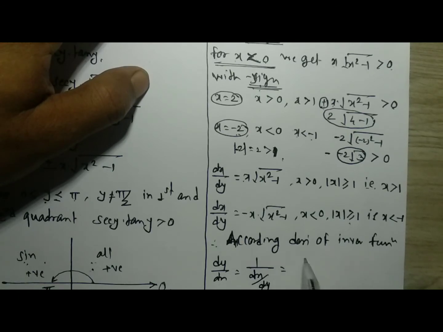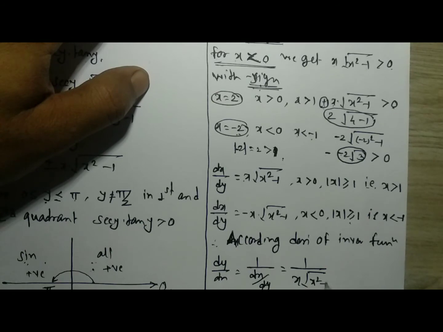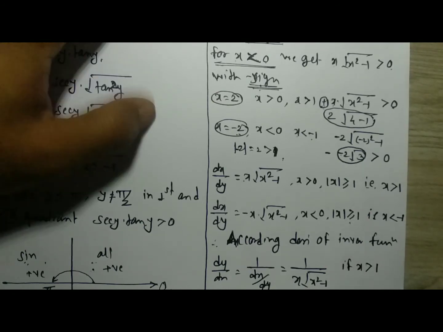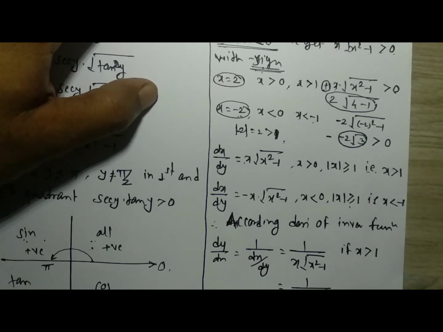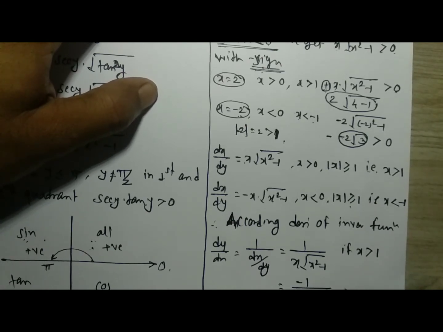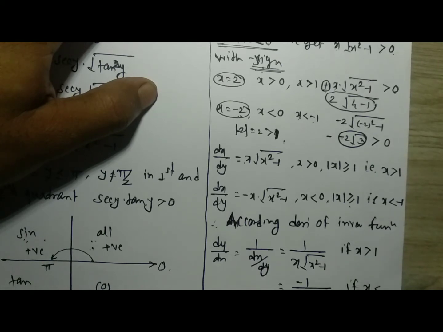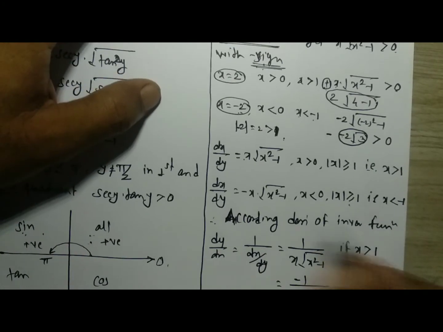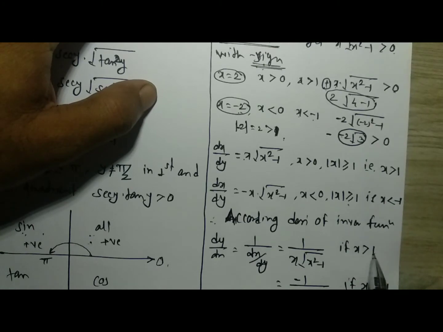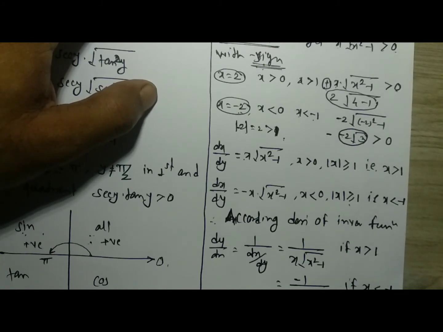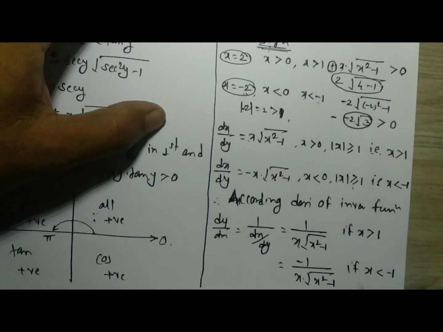It is equal to 1 divided by x into square root of x square minus 1 if x is greater than 1, and it is equal to minus 1 divided by x into square root of x square minus 1 if x is less than minus 1. At that time you will get the consideration of x greater than 1 and x less than minus 1.